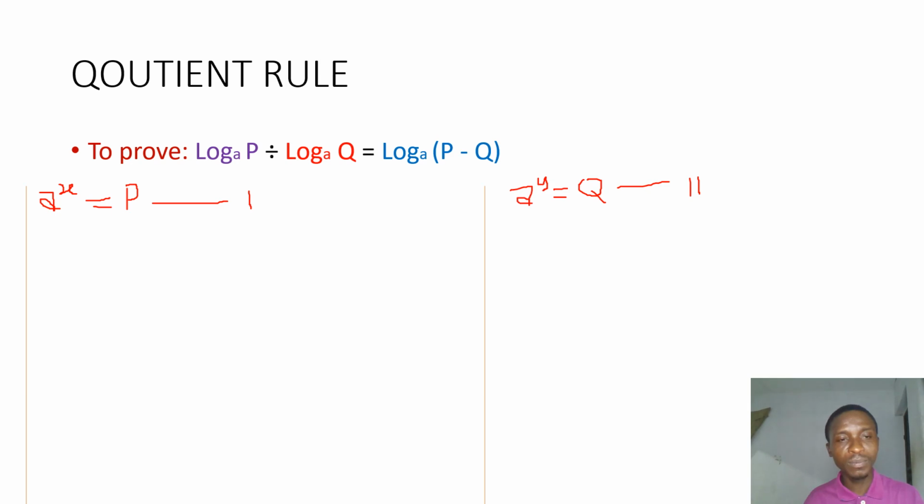So if we take logarithm on both sides, we have log a raised to the power of x equal to log p. And also we have log a raised to the power of y equal to log q.